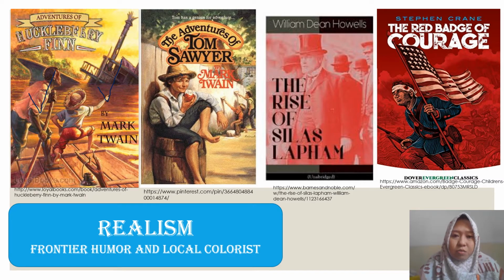Then the second one, Tom Sawyer, is also an adventure. And The Rise of Silas Lapham talks about business in America. Stephen Crane's novel talks about depictions of the Civil War. And all of this is called local colorists. Why is it called local colorist?